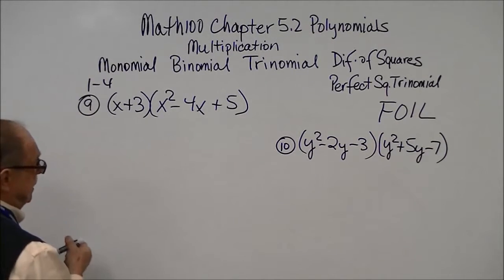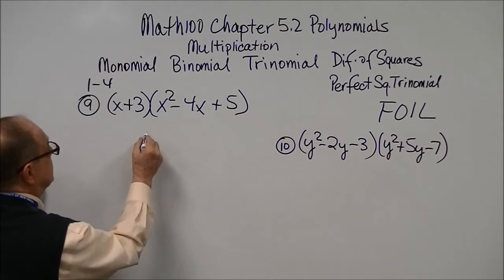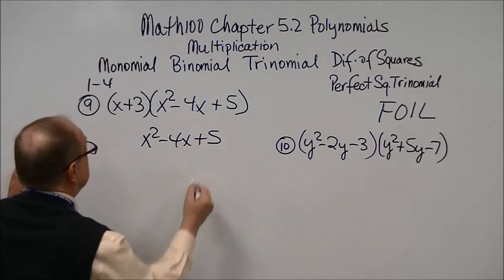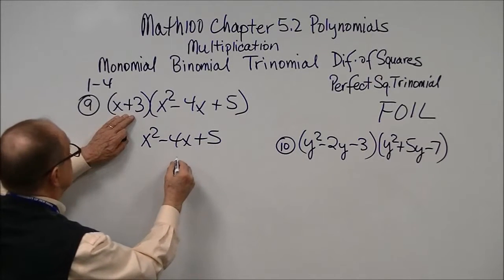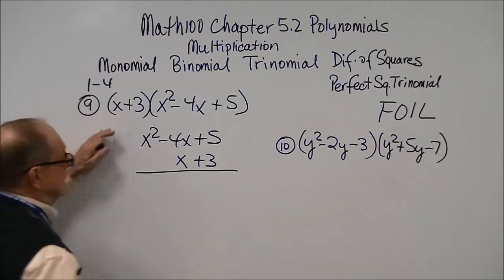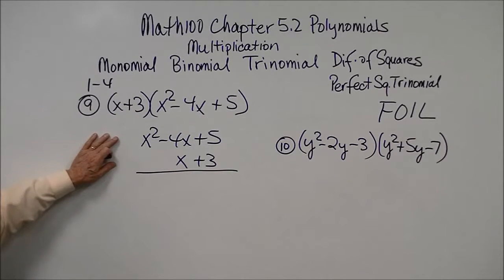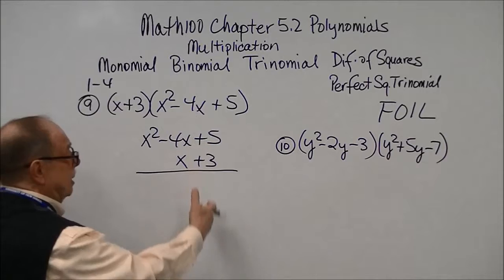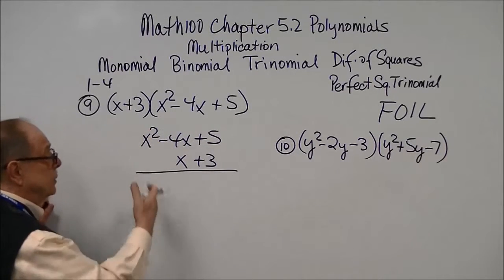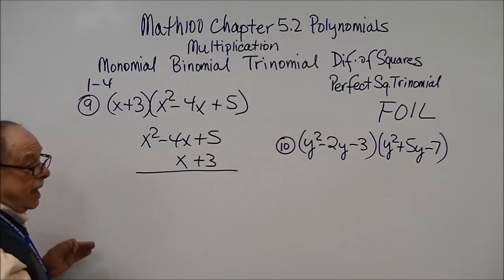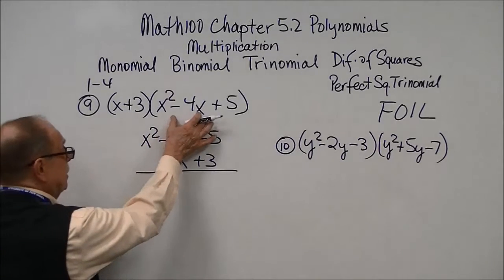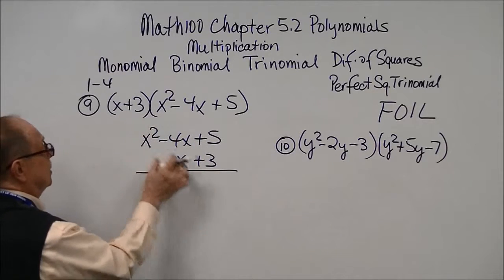We're going to set this up vertically, where it's x squared minus 4x plus 5, and then we're going to put this underneath it, x plus 3. I like this method because it helps you line up, as I was showing you in a previous video, like term columns, so that when you go to add them, it's much easier. So again, take the larger one, put it on top, the smaller one underneath.